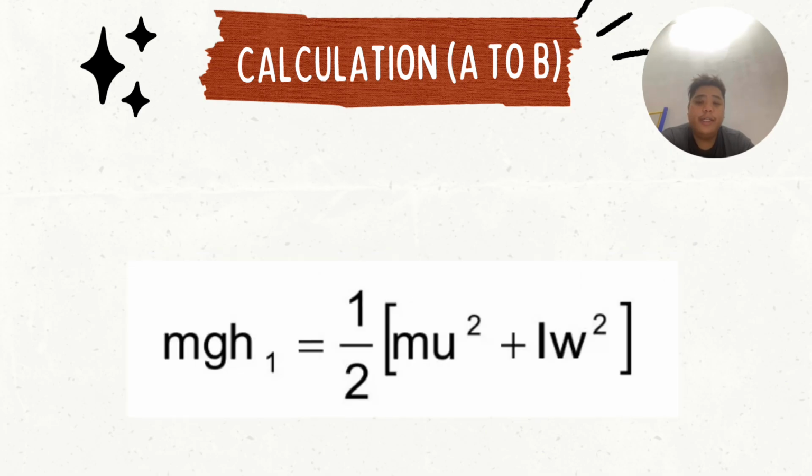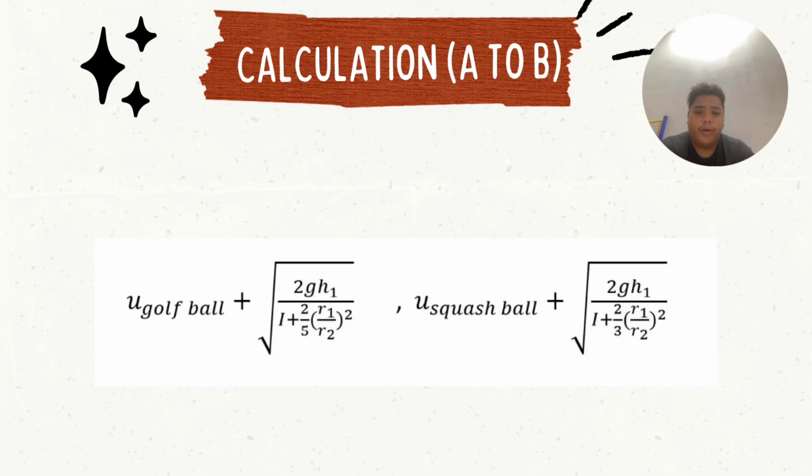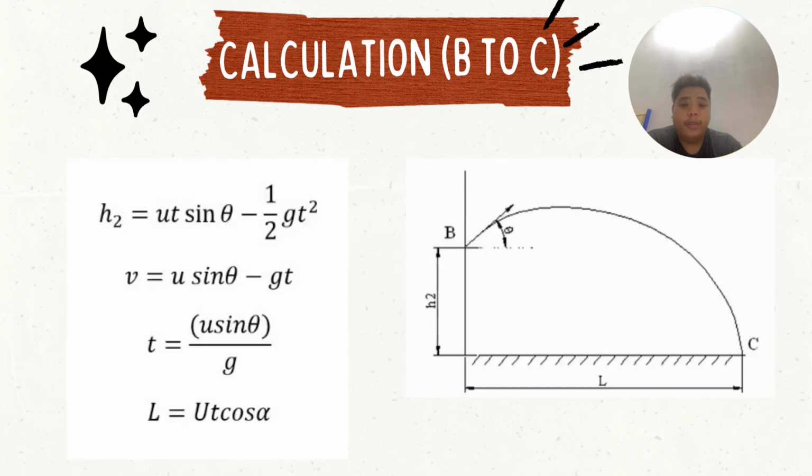We can use this equation for energy conversion, but if there is no sliding, we can use u equals omega R to substitute and solve for velocity u at point B. So, velocity at point B becomes this equation below. This gives us the velocity of the ball at the end of the ramp at point B.